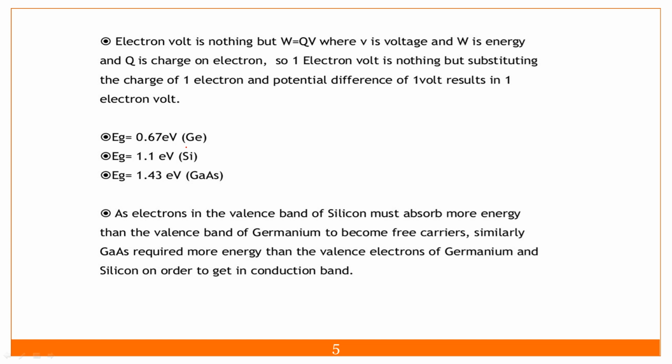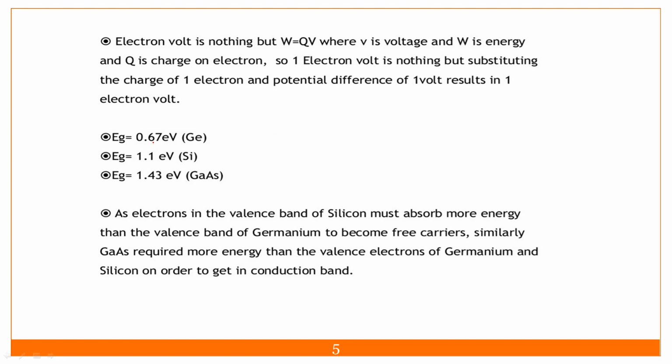If the band gap is small, then the carrier concentration is more. You have to tell me in ascending order which has the higher carrier concentration. Carrier concentration is the number of carriers; more carriers means more concentration.